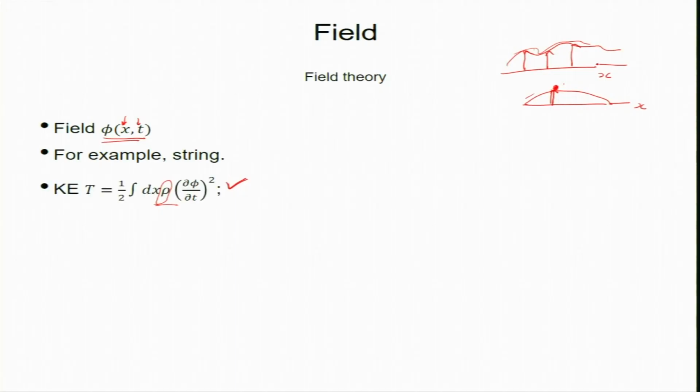Now, for a string there are derivations, but I think we will skip the derivation, but we can define kinetic energy. The string has a mass element, and that mass is changing with position and with time.